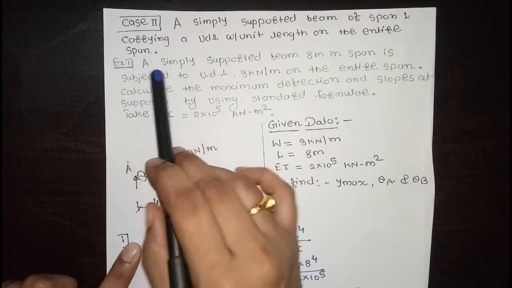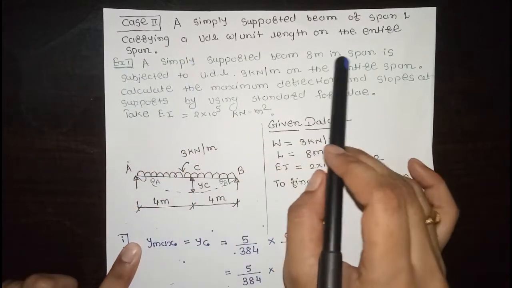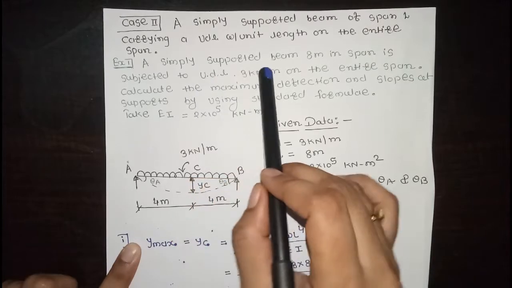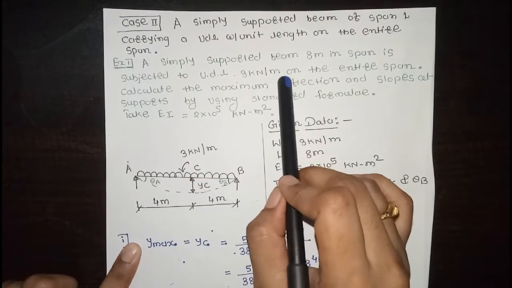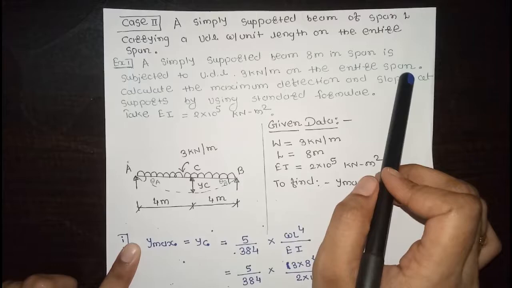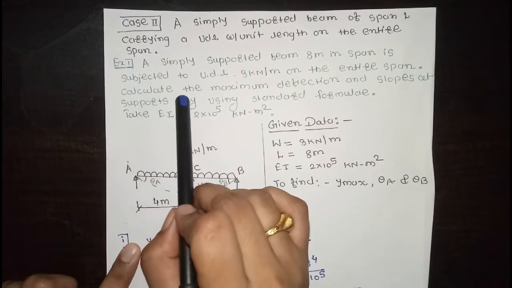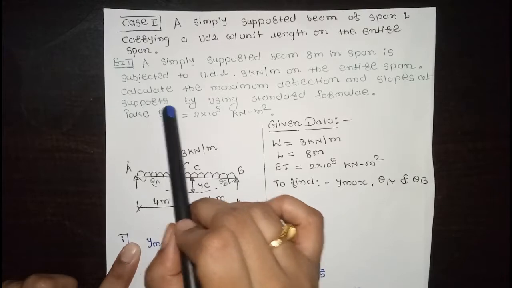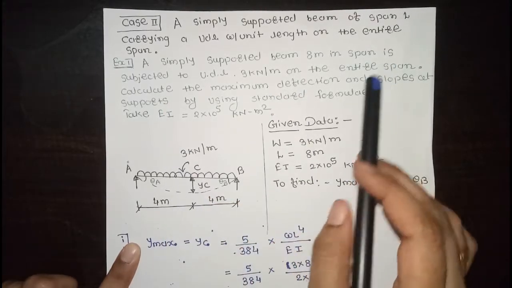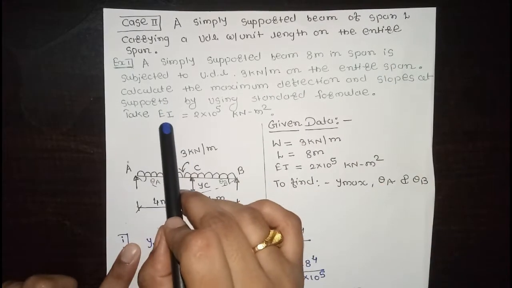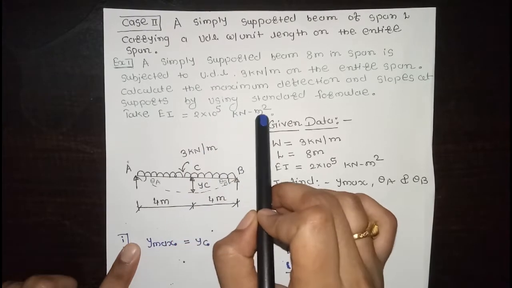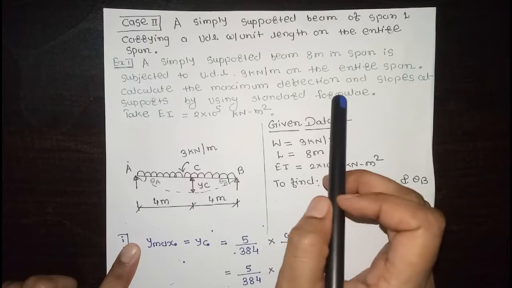So first example, a simply supported beam 8 meter in span is subjected to UDL 3 kilonewton per meter on the entire span. Okay, calculate the maximum deflection and slope at the supports by using standard formulae. Take EI is equal to 2 into 10 to the power 5 kilonewton meter square.